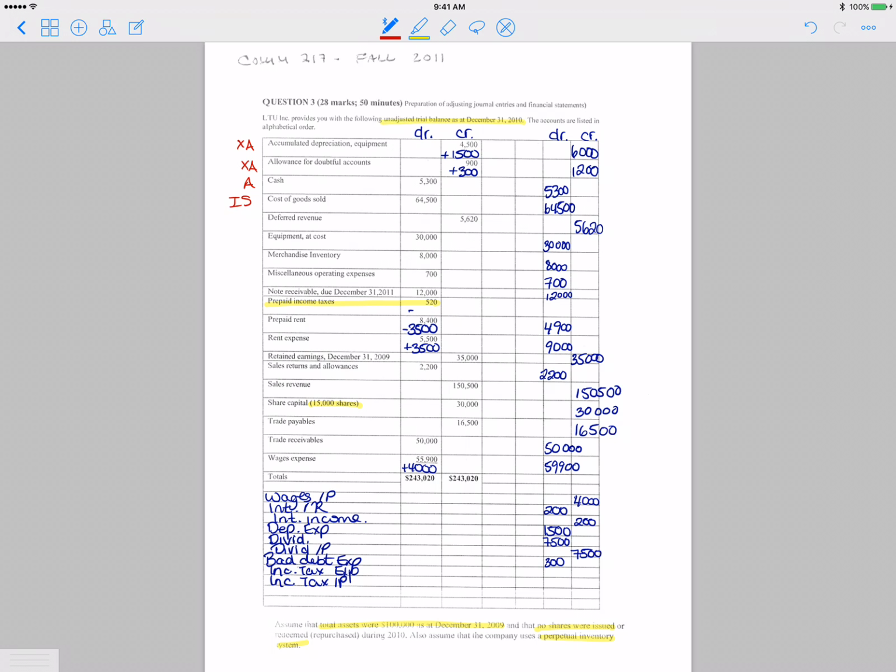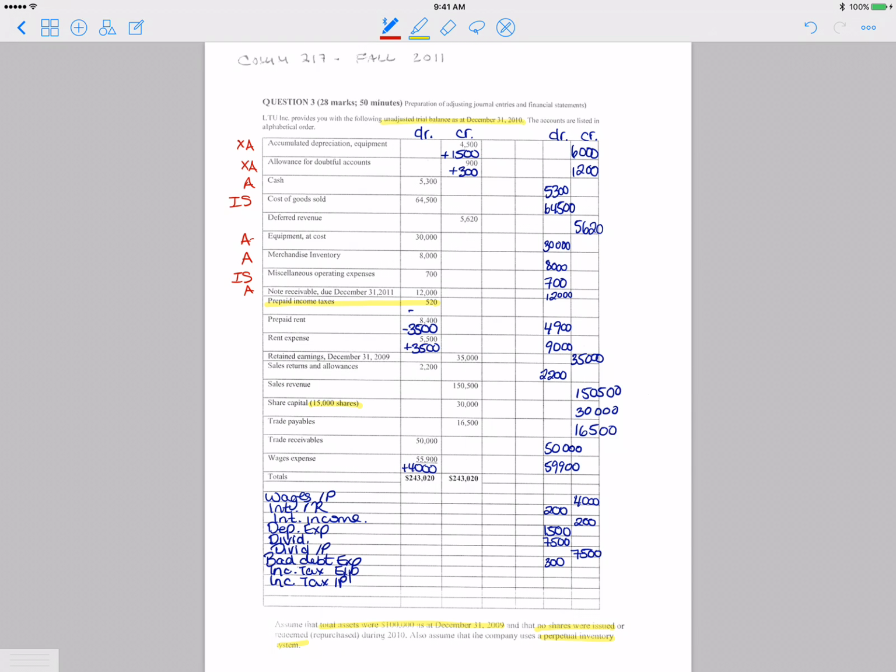We have deferred revenues, which will be a liability, which we do not need to work with, so we can leave that blank. Equipment is an asset. Merchandise inventory, that's an asset. Miscellaneous operating expenses. Expenses go on our income statement. A note receivable due December 31st, 2011, that's an asset.